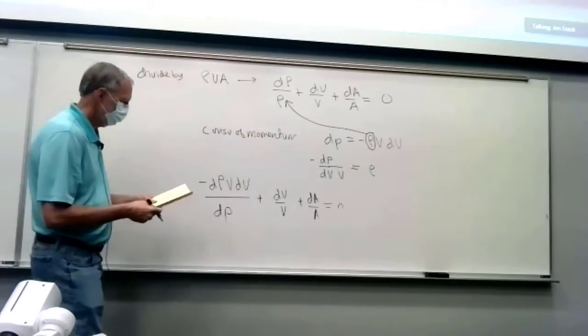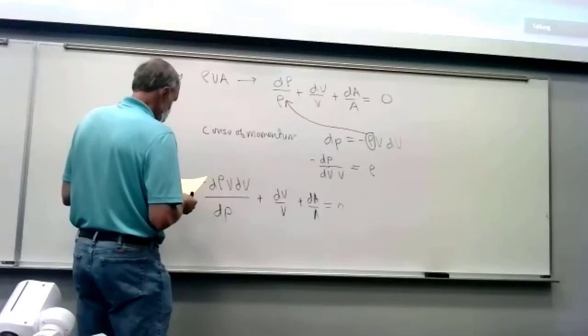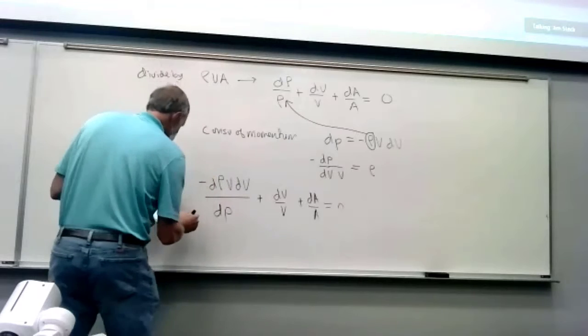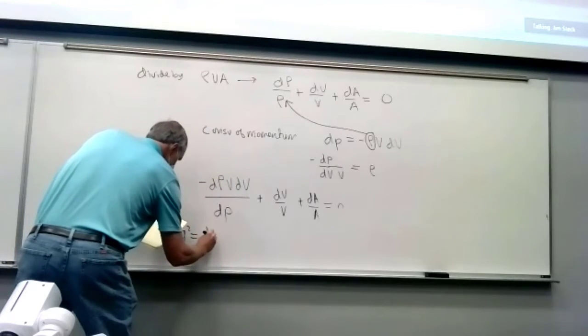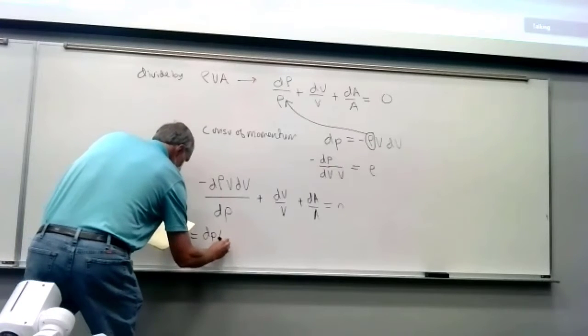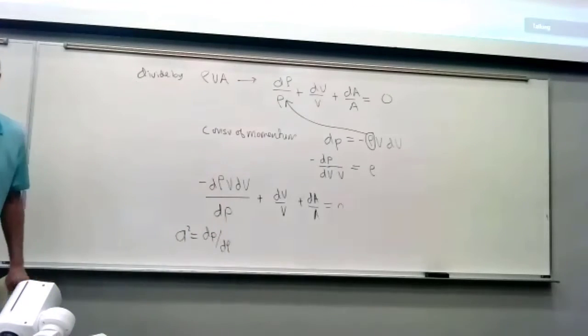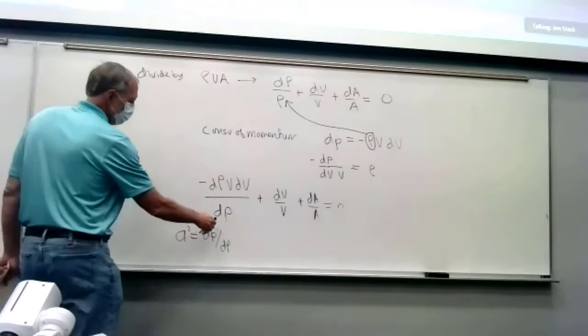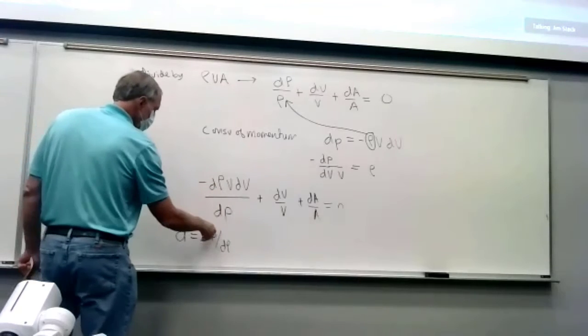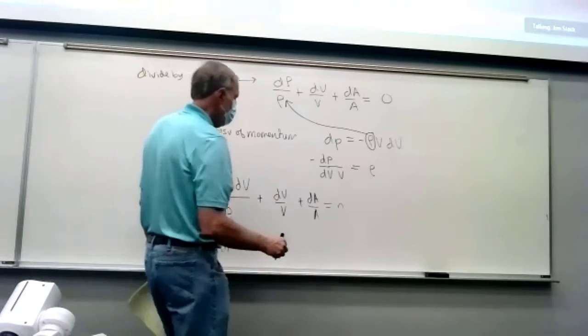So hang on. And then we're going to remember that speed of sound is dp by d rho. Remember when we derived that? And then we related that to gamma RT so we can calculate the speed of sound. So that means dp by d rho inverted here is a squared, so we get an a squared on the bottom.